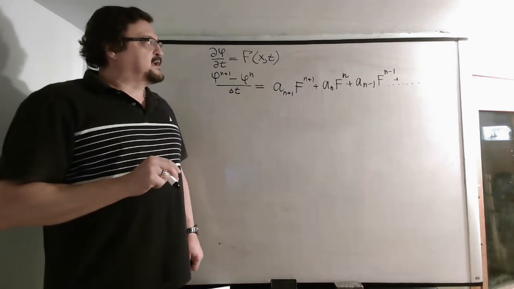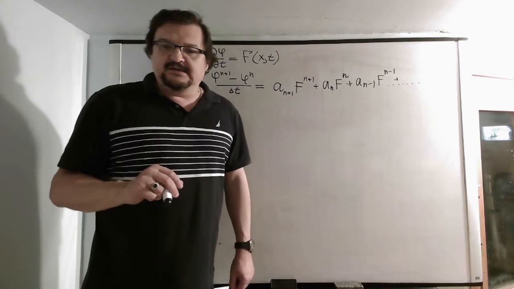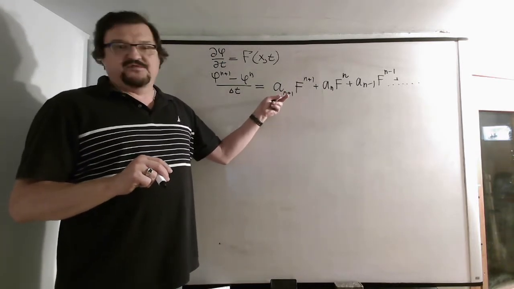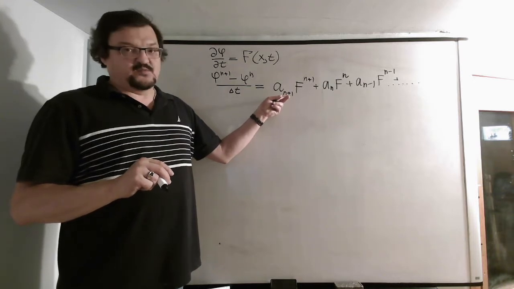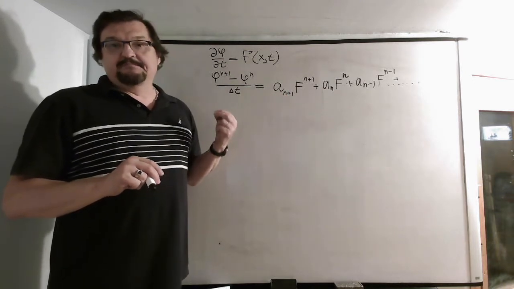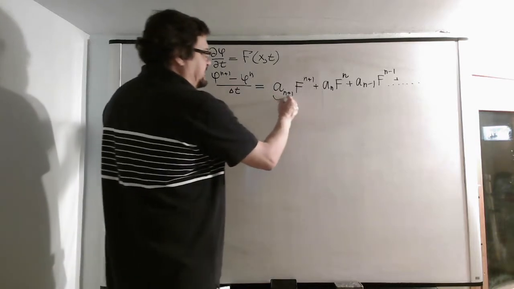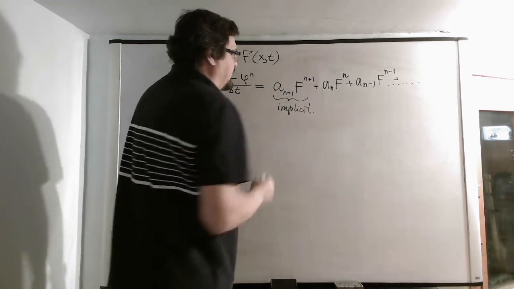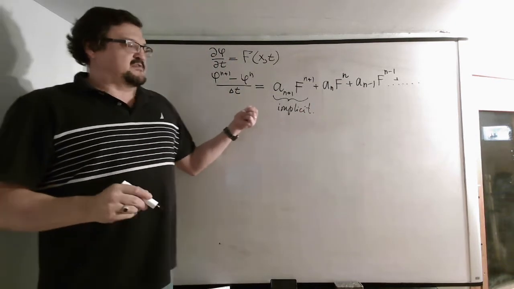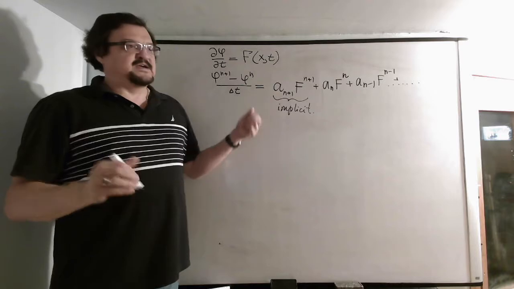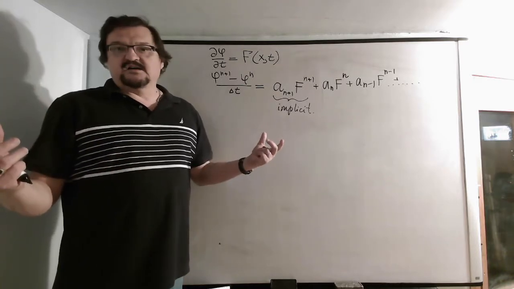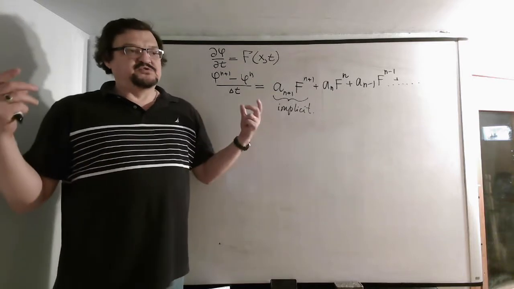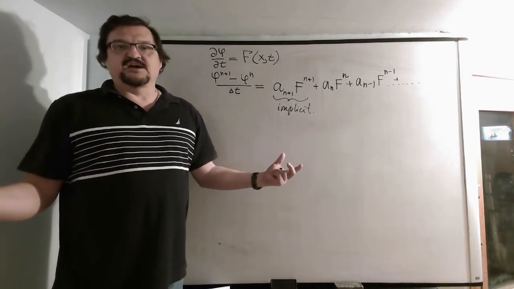Generally, when you have a right hand side that depends on the future time step n plus 1, that scheme is called an implicit scheme. The problem with an implicit scheme is, of course, that you then need to solve a system of linear algebraic equations. So you need to invert a potentially very large matrix.